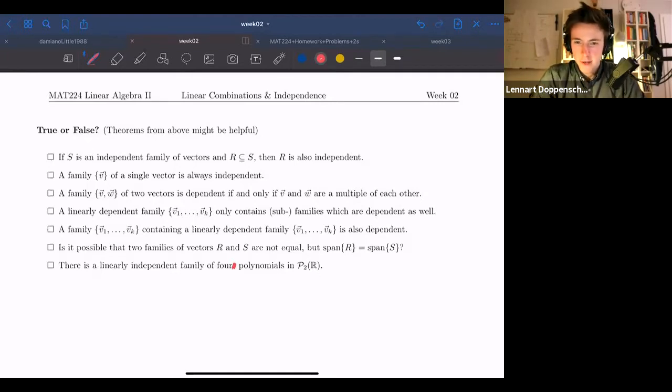All right, pick your favorite item in the list and tell me yes or no.